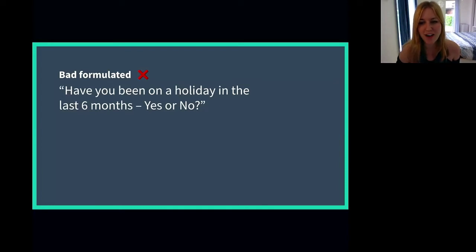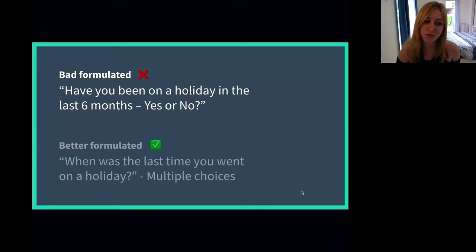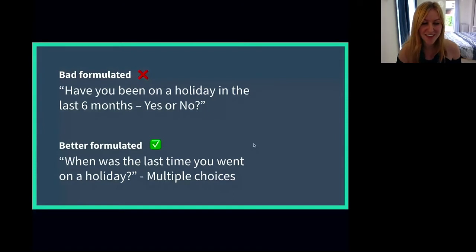That's why it's better if instead we ask, for example, when was the last time you went on a holiday? And then you provide multiple choices, like in the last 1 month, in the last 3 months, in the last 6 months. And then you give different time slots, and you don't give a hint about what you are looking for. In this case, it's also a 50% chance that they actually got the right one, right?